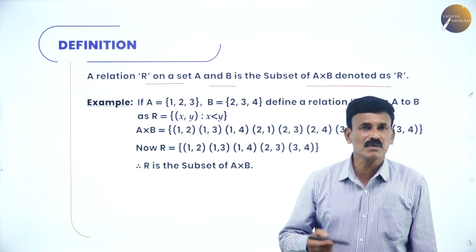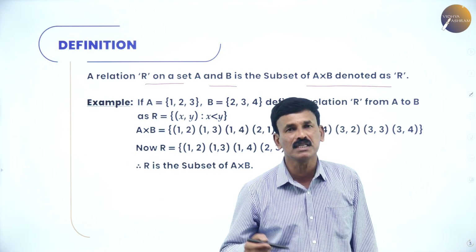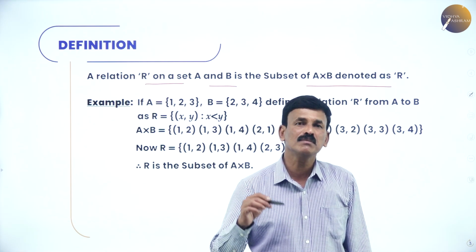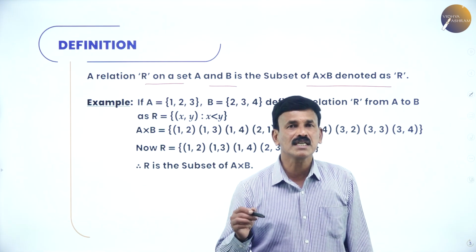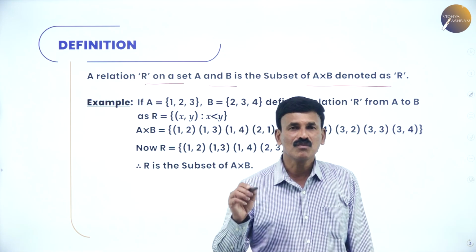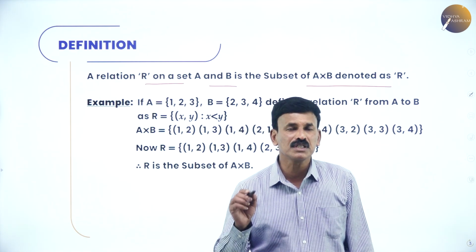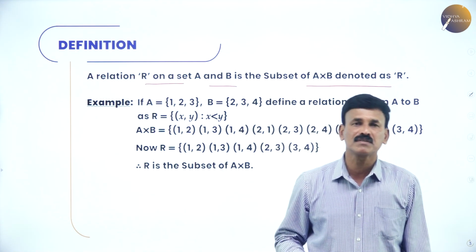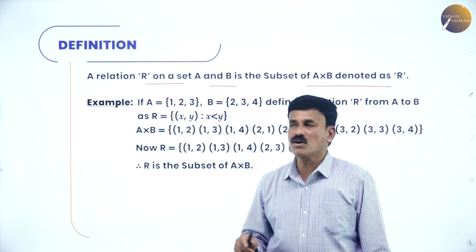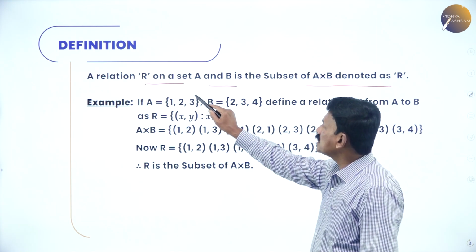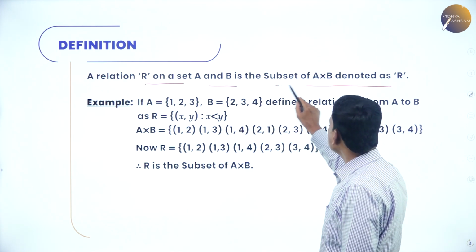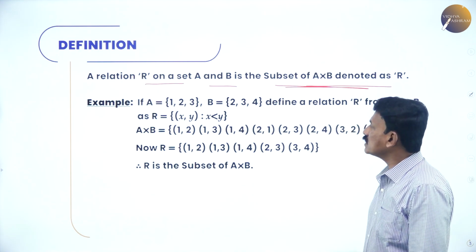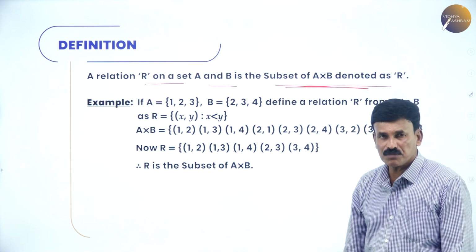A cross B is nothing but the set of all ordered pairs in which the first member is an element of set A and the second member is an element of set B. (a, b), (x, y), (1, 2) are called ordered pairs in which the first member is an element of the set A and the second member is an element of the set B. So a subset of A cross B is called a relation, denoted as capital R.